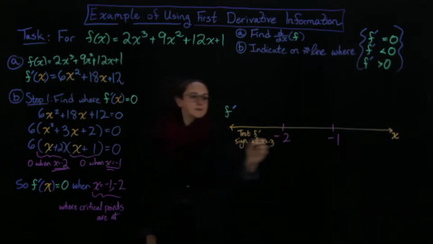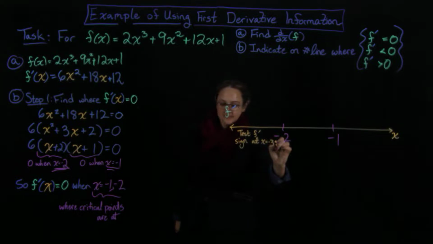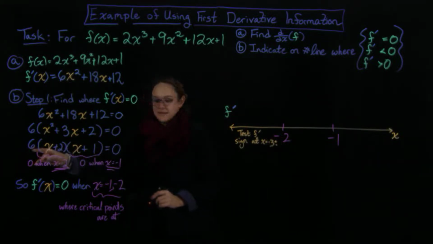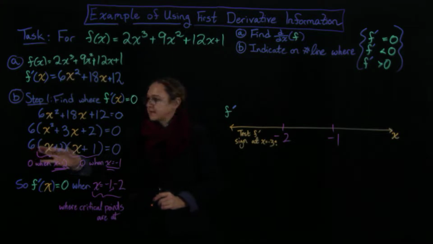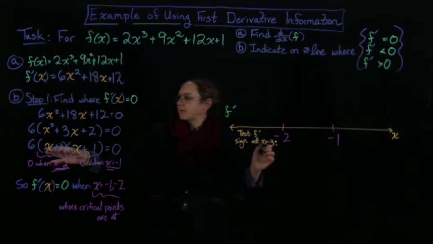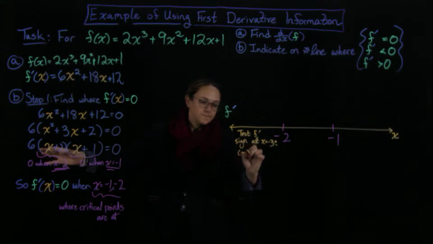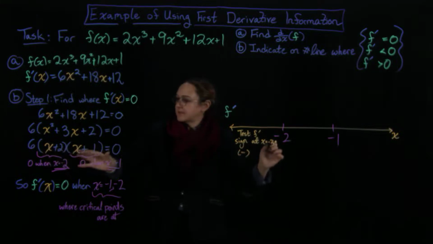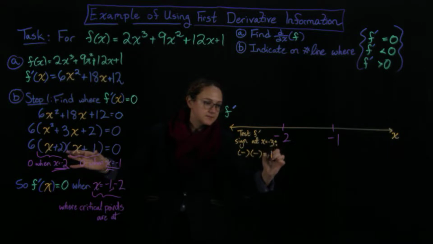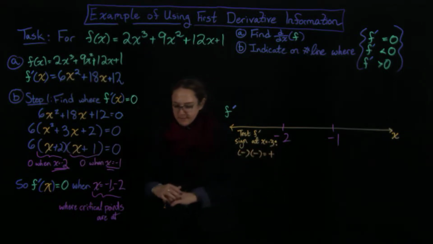So I'm going to put this into here. I have 6, which is positive, so that doesn't impact anything. Then if I put in -3, this is -1, so that's negative. And then I put -3 into here, and I get -2, which is also negative, and two minuses multiply to give me a positive.